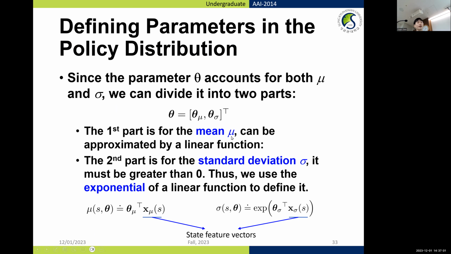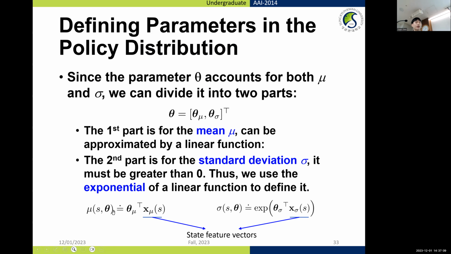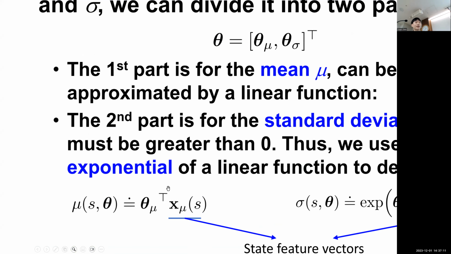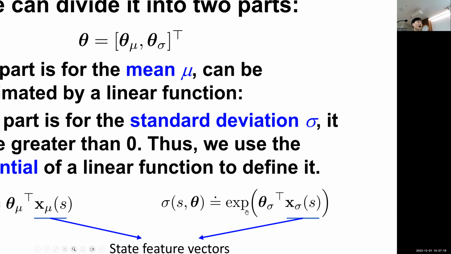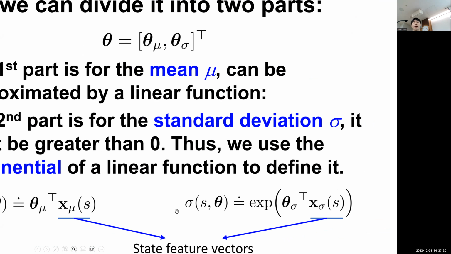The first part, the mean mu, can be approximated by a linear function, which is defined here. The second part is the standard deviation, which shall be greater than 0. So we use the exponential function with a linear function, e to the power of a linear function. This is how we define it.